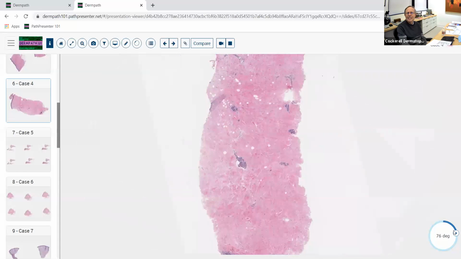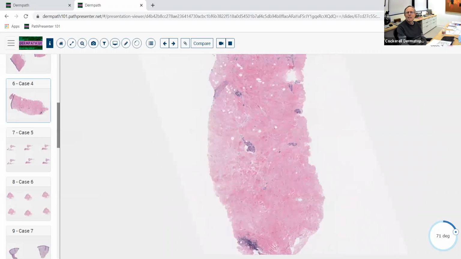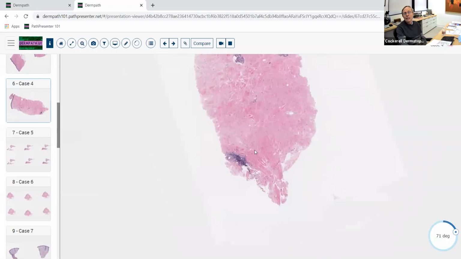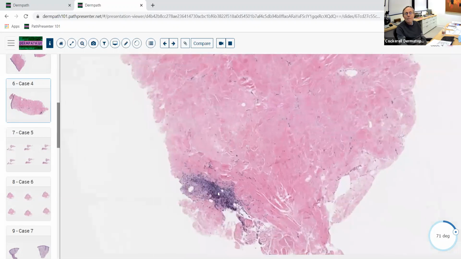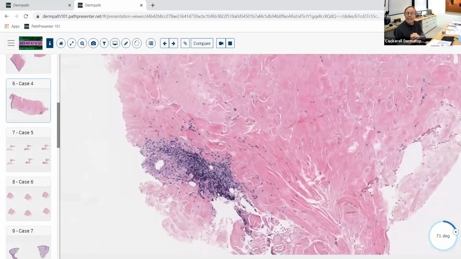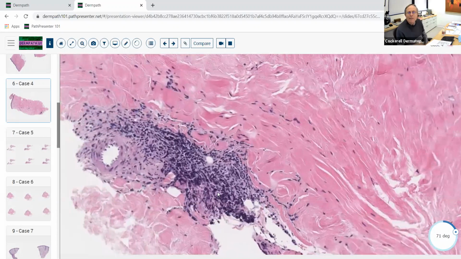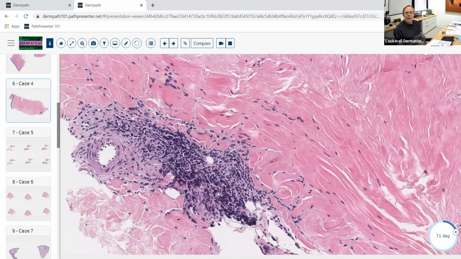And again, it depends on what stage they are. If it's really in a late stage where there's no inflammation, you may not see much of it, like that last one. If it's an earlier stage like this one, you may actually still see some little lymphoplasmacytic aggregates, and they like to live at the junction between the sclerotic dermal collagen and the fat, if there's any fat left. So that's a good place to look.